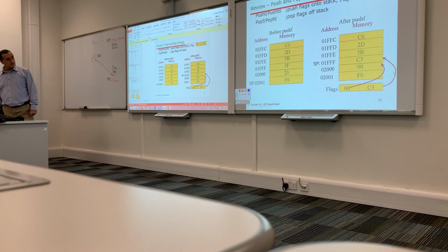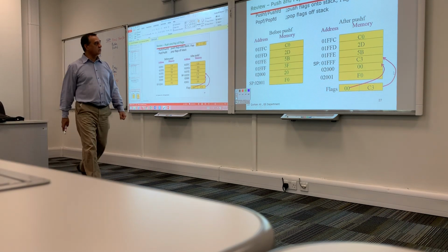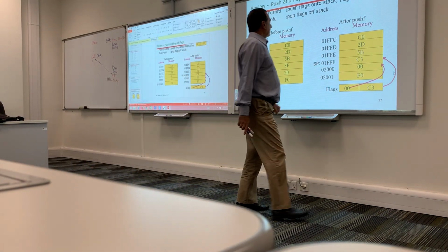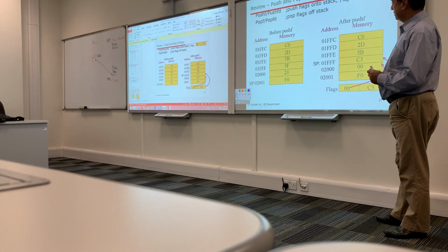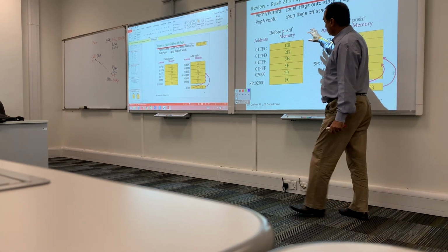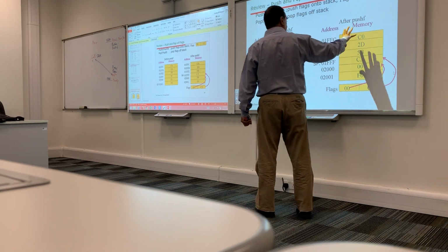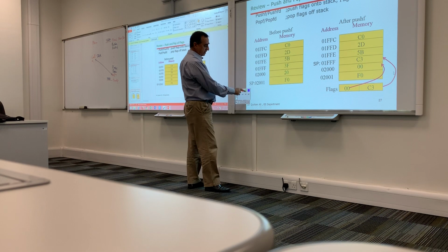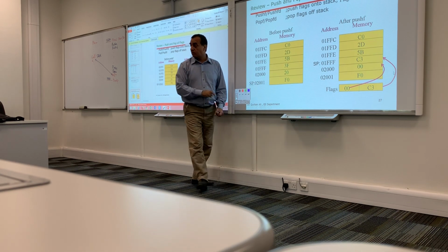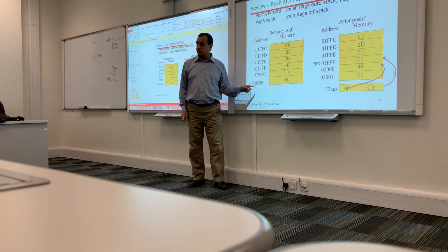Is this the last slide? Yeah, so here is the one. Just to practice: these are the flags, 00C3. Before push, this is the memory. After push, this is the memory. What is the stack? The current stack pointer given is 2001, right? This is the top of the stack now.